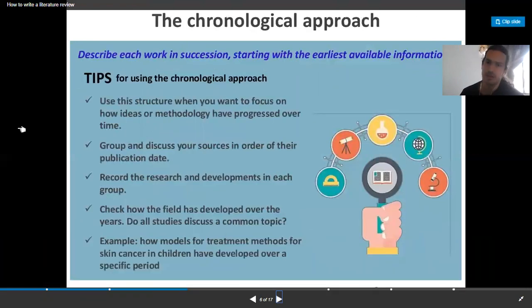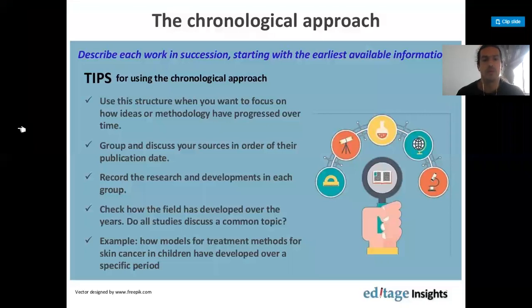Okay, some tips for using the chronological approach. Number one, you're going to show some ideas that have been implemented and progressed over time, right? For example, we want to see how some authors have talked about oral production and the way oral production has been implemented by using virtual learning environments.